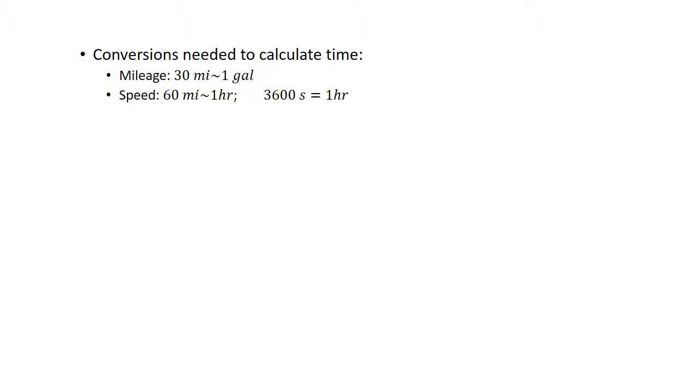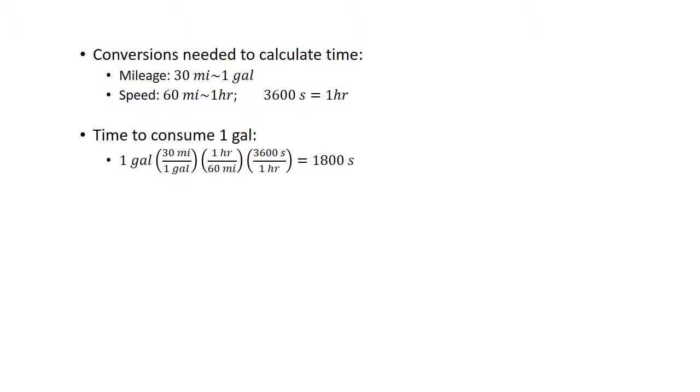So that's the energy we get by burning 1 gallon of gasoline. If we're moving at 60 miles per hour, how long does it take to burn that 1 gallon? We assumed a mileage of 30 miles per gallon and a speed of 60 miles per hour. This shouldn't be too hard to figure out without formally setting it up, but here it is formally set up.